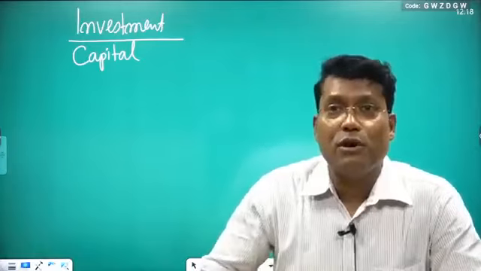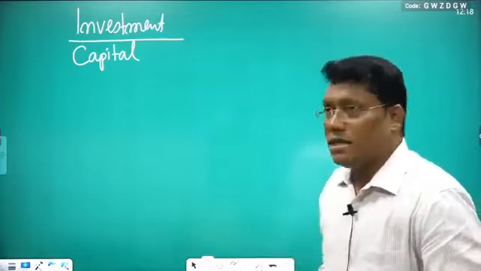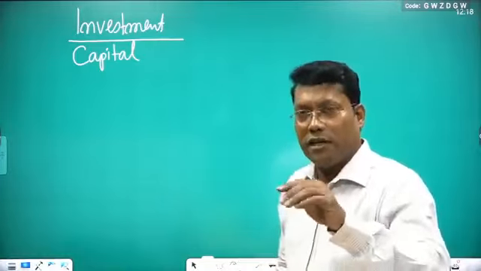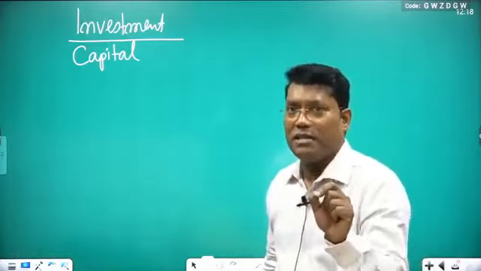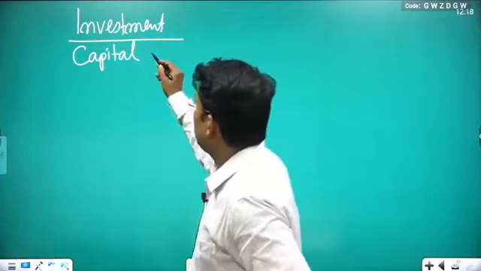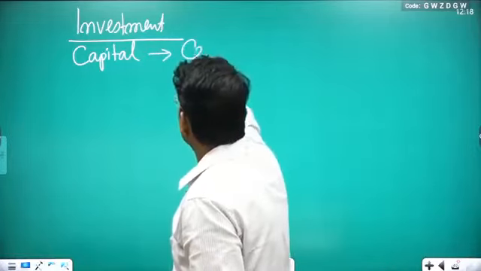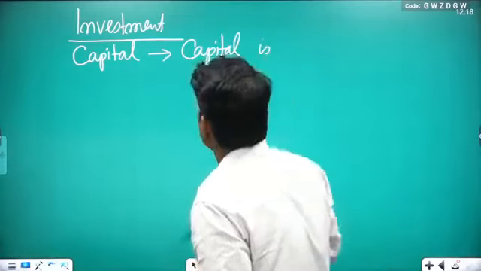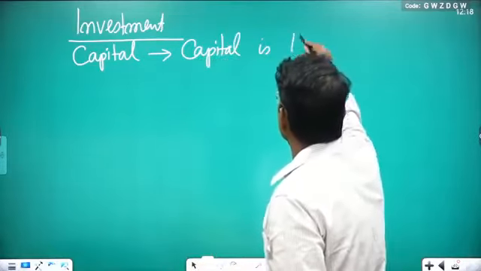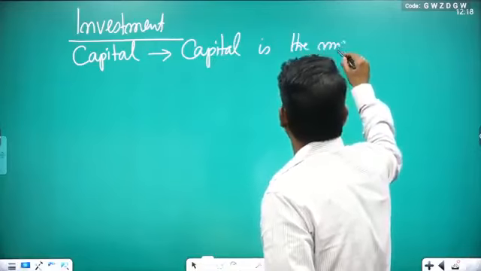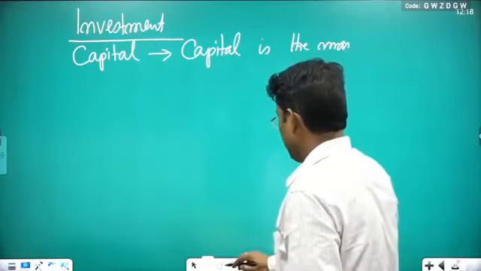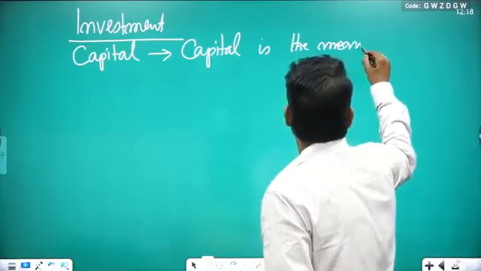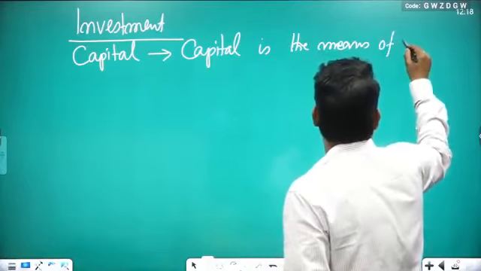First you think about capital. I am giving you an example, you understand that, then I will dictate, but one line you write: capital is the means of production.